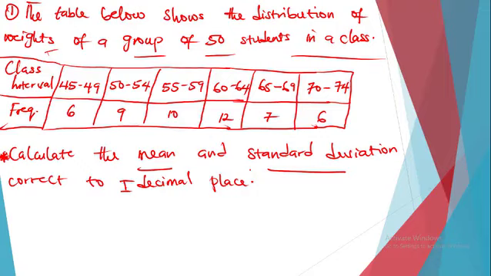Let's call it method 1. In this method 1, we will use class mark to find mean. So let us start with our table.